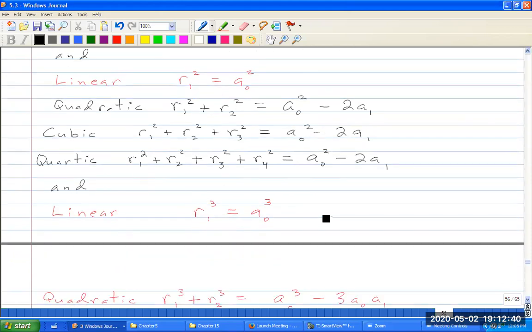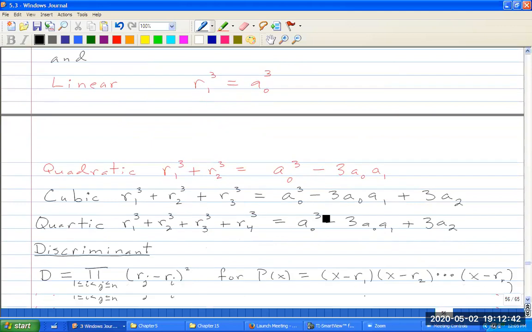Next, again, let's do the cubes. Notice for the cubes, I got to get rid of polynomials of degree less than 3, because they won't follow the same pattern. But the sum of the cubes will always equal A sub 0 cubed minus 3A1 A0 plus 3A sub 2.